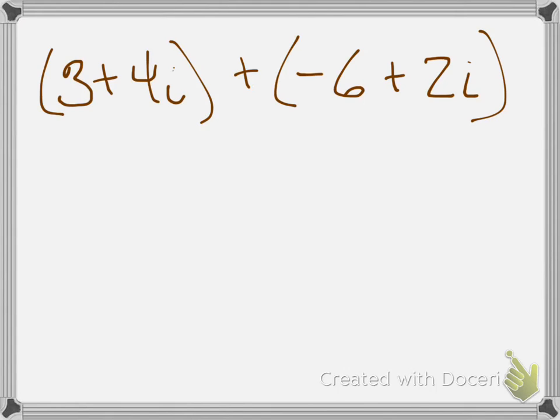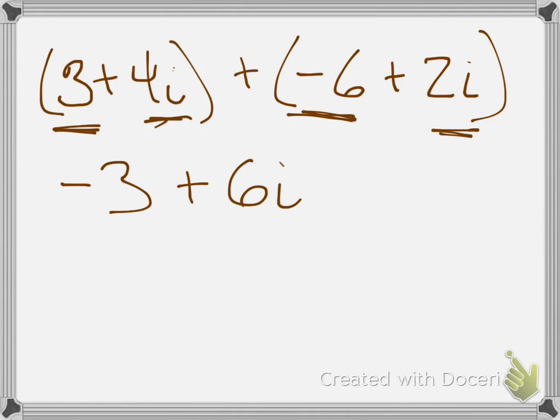So my real parts, in this example, are 3 and -6, and when I add those together, 3 plus -6 is -3. My imaginary parts are 4i and 2i, which makes a total of 6i. So addition is pretty straightforward, or it should be at least.